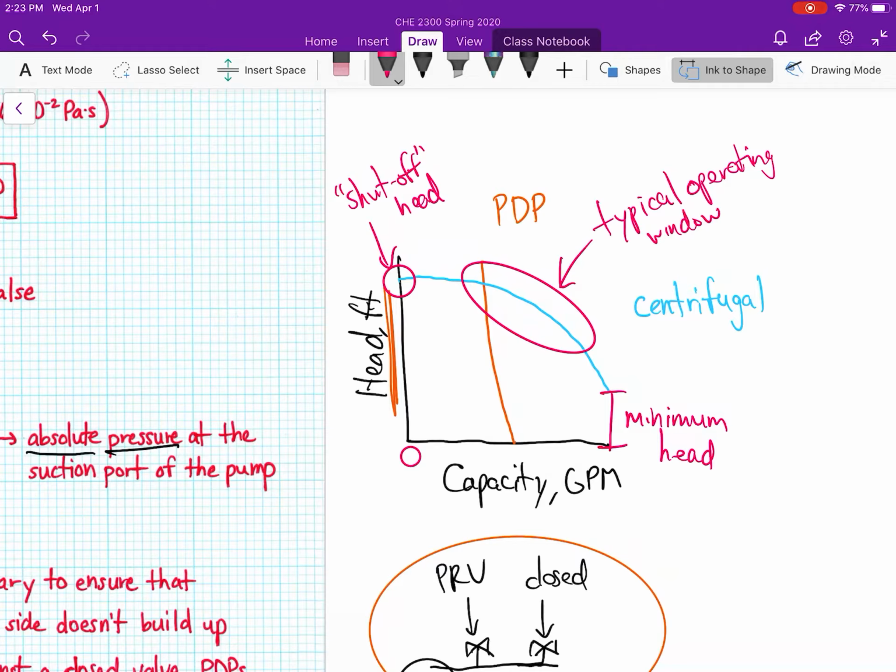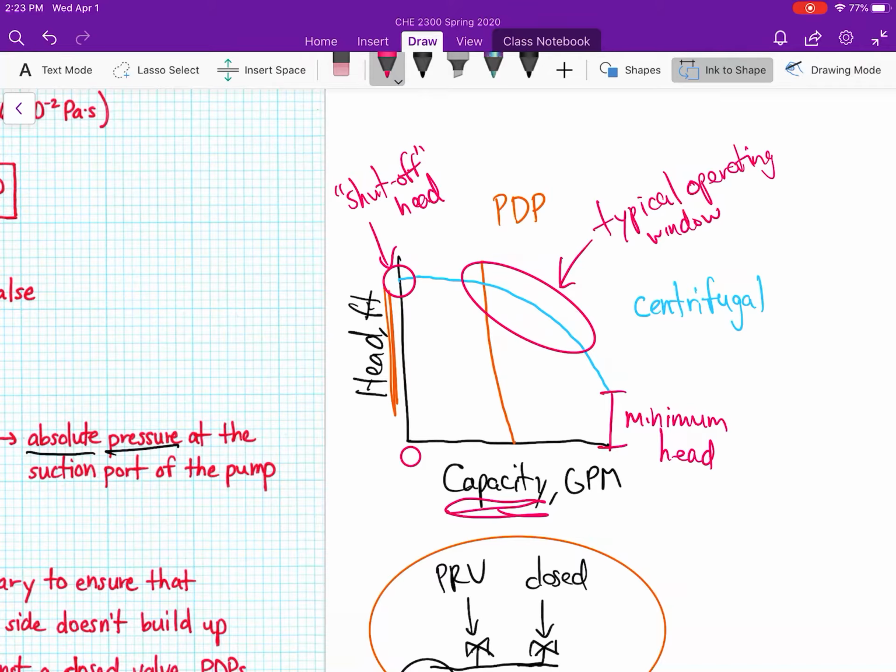Right? The shutoff head is the head or pressure at which the centrifugal pump will no longer produce velocity. Right? The velocity here, or the capacity here, will be 0.